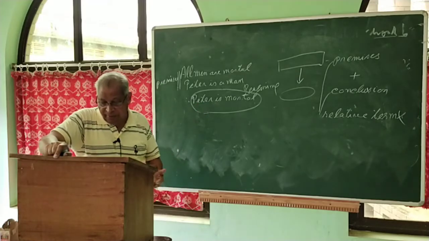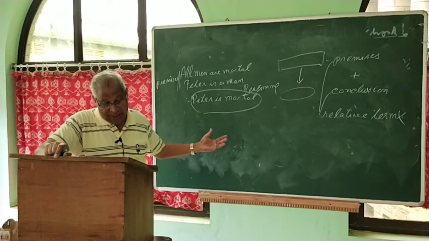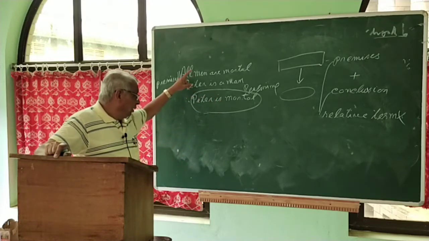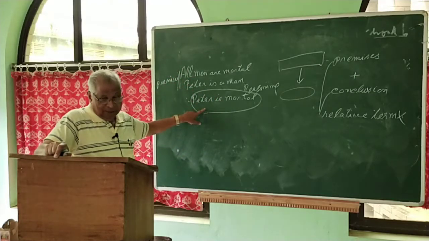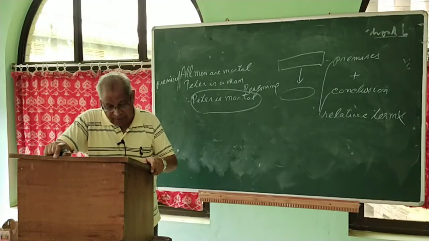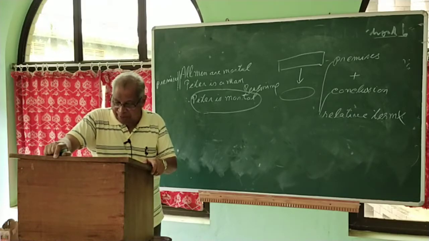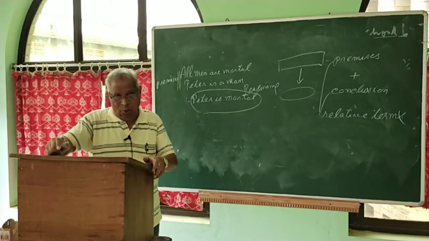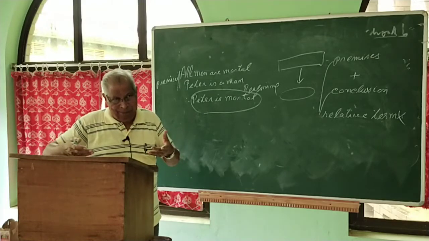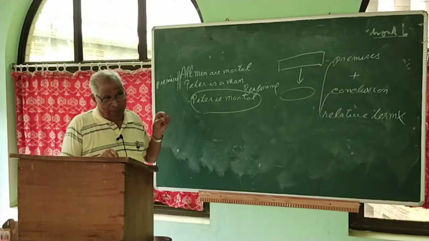So other indicators are because, as I already said, because all men are mortal and Peter is a man, Peter is mortal. It follows because, as follows from, as shown by, derived from, deduced from, and so on. These are only to give you some helpful factors to understand which is the conclusion and which is the premise.